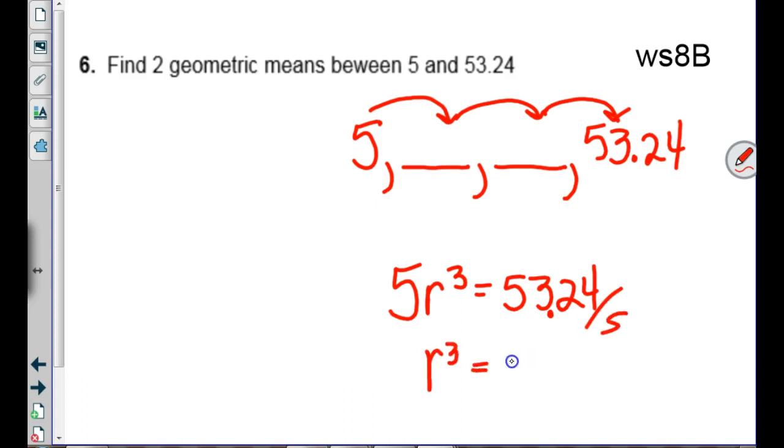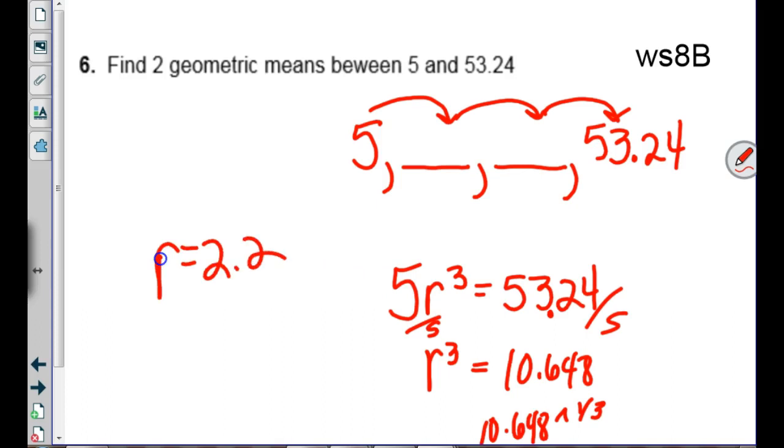You divide that by 5, you get 10.648. Anybody? So then you have to do that to the 1/3 power, or cube root it. 2.2. So 5 times 2.2 is 11. Times 2.2 is 24.2. Times 2.2 is 53.24. We're good.